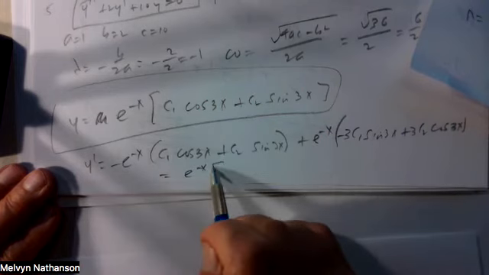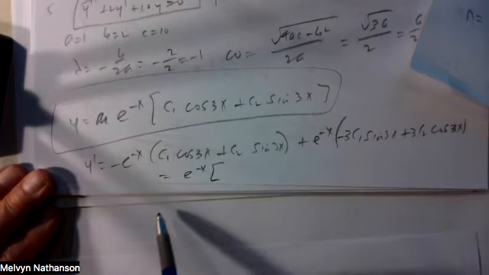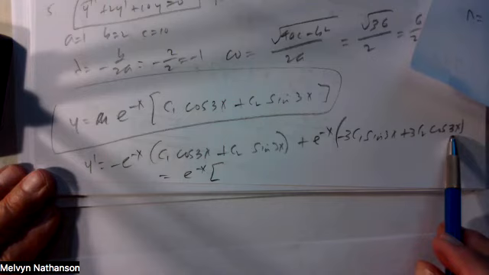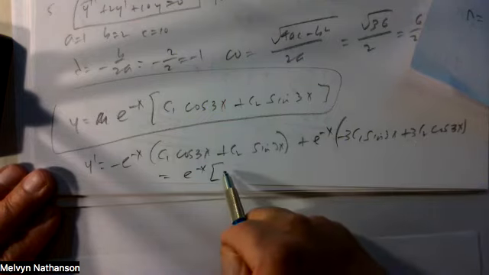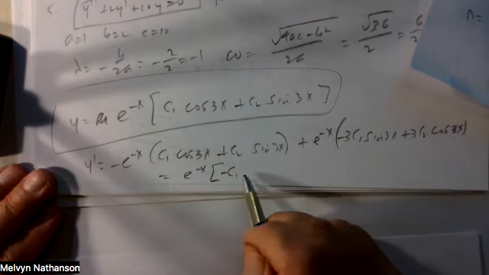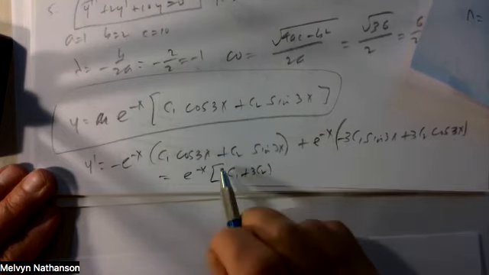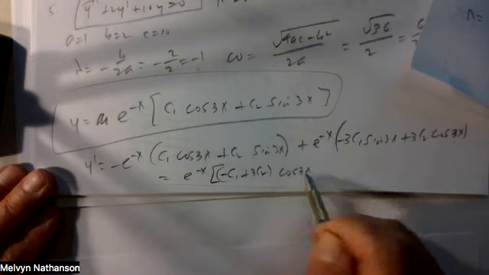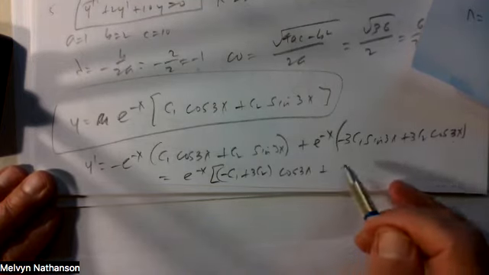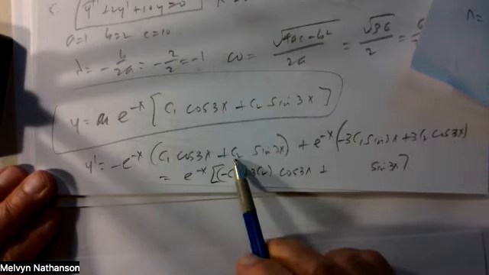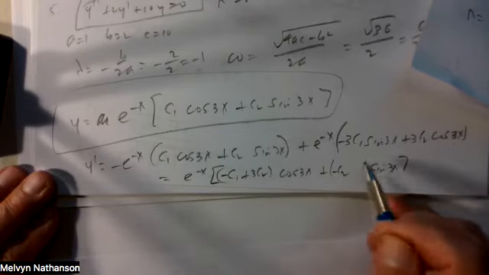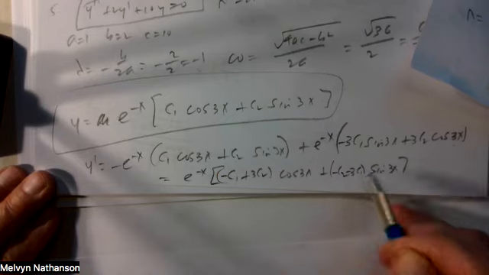That's equal to e^(-x) times what? I have cosine 3x times (3C2 - C1), and sine 3x times (-C2 - 3C1).